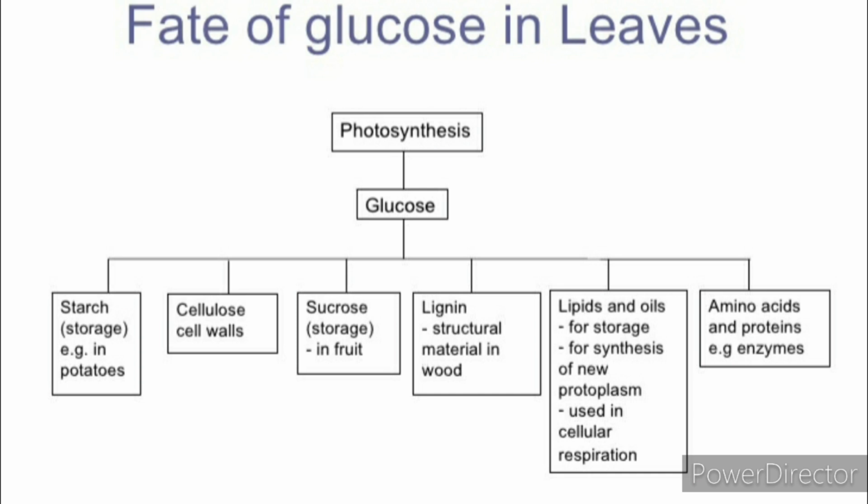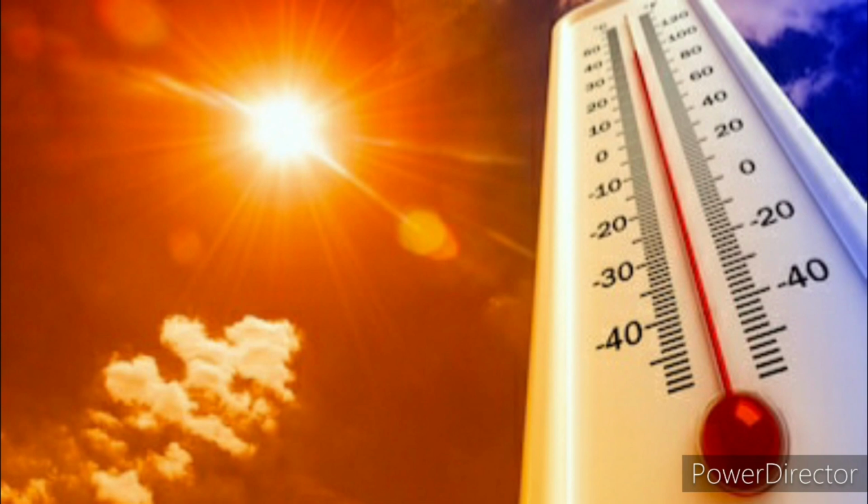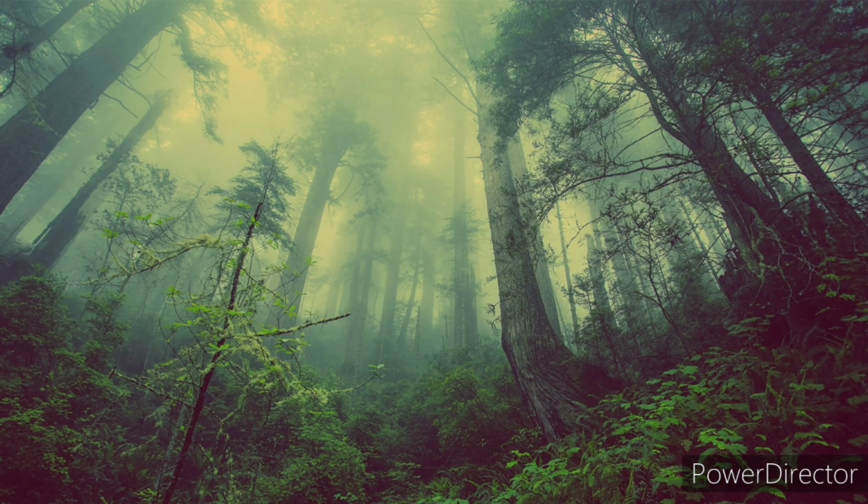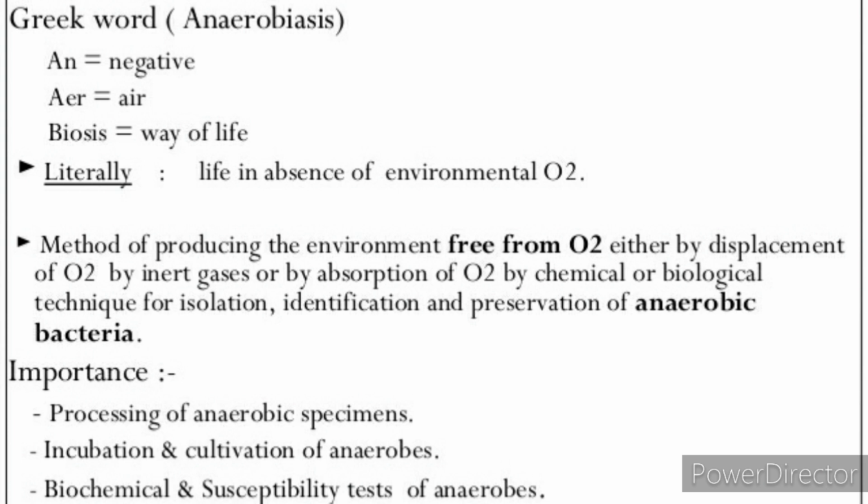The decomposition rate is quicker if detritus is rich in nitrogen and water soluble substances like sugars. The important climatic factors that regulate decomposition are temperature and soil moisture. Decomposition is favored in warm and moist environment. Decomposition is inhibited by low temperature and anaerobiosis.